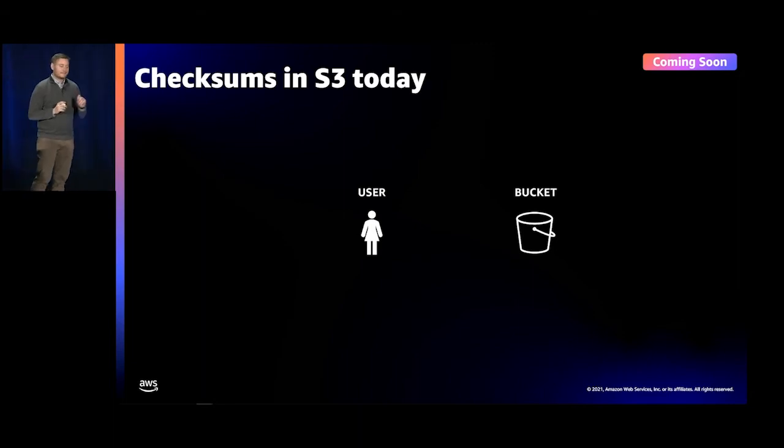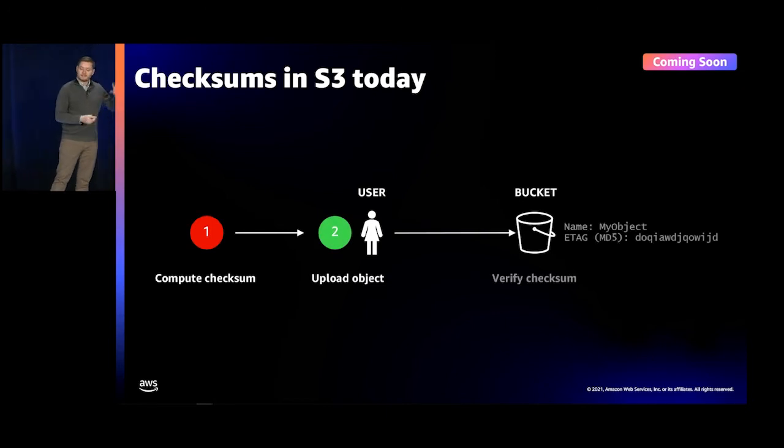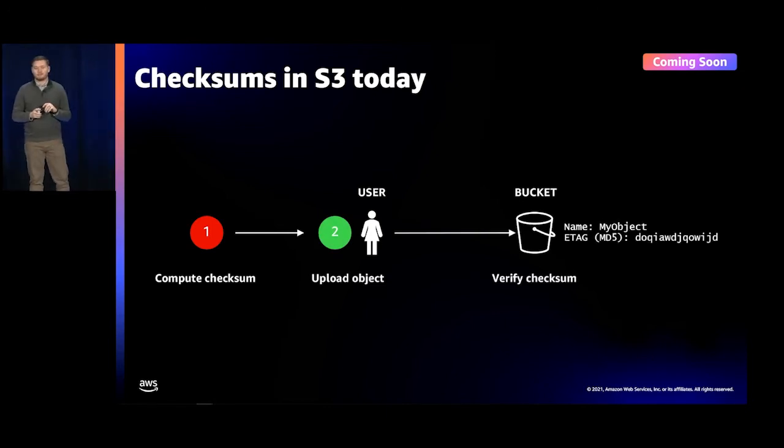Today, to verify the integrity of your data, you can either provide a pre-calculated value with your request or have the SDK calculate a value before it streams the data into S3. But these two things, the calculation of the checksum and the streaming of the bits into S3, have to happen sequentially.